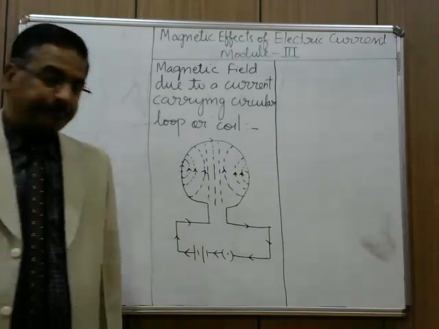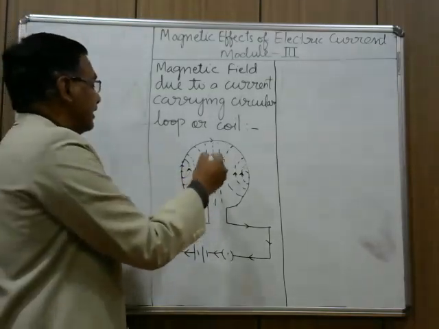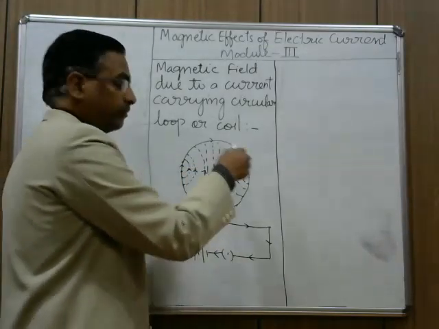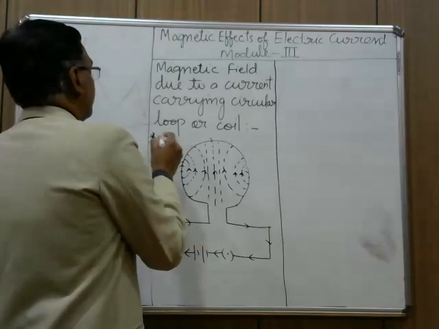Now you can see the magnetic lines of force inside a circular loop are in the same direction. So this is the first thing, pattern.